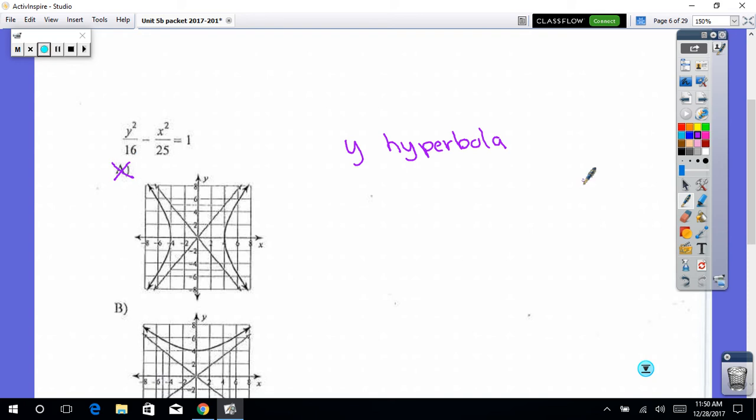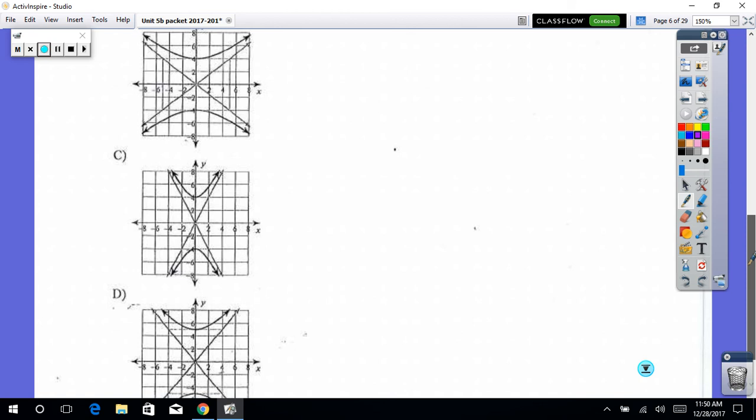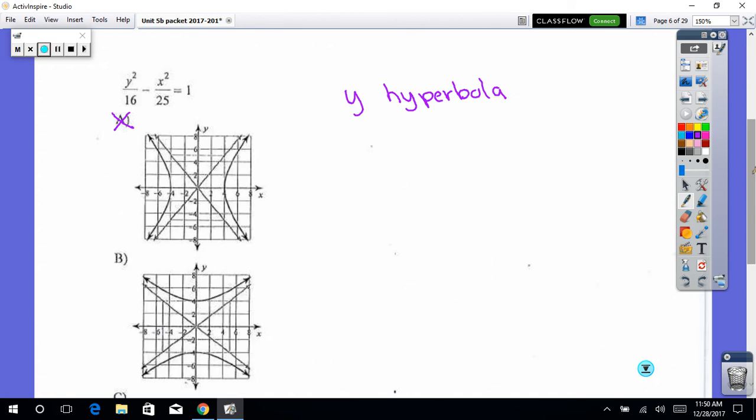He's an x hyperbola. B gets to stay, C gets to stay, D also gets to stay. Okay, and we notice that the y makes our box 4 units tall. And the square root of 25, the box is going to be 5 units wide.